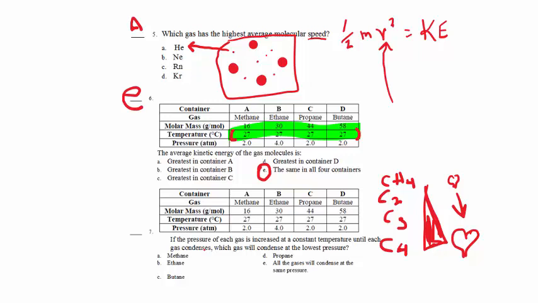So if you keep things constant, at a constant temperature like this, the gas will tend to condense at the lowest pressure if there's the greatest amount of attraction between the particles. So it looks to me like butane, since it has the highest molecular mass, which is the focus of this problem, would condense at the lowest pressure. It takes less pressure for it to turn into a liquid.